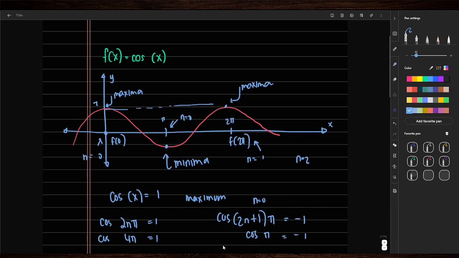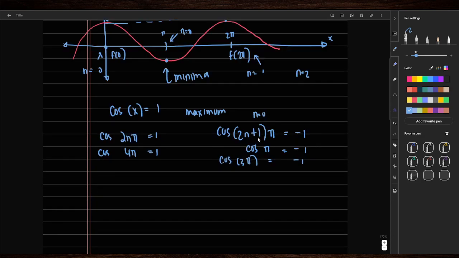And if n is 1, that is cosine of 3 pi, which is still equivalent to -1. So these are just series of values of your maxima and minima.